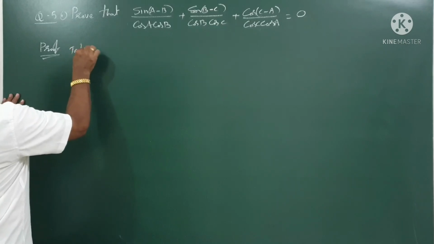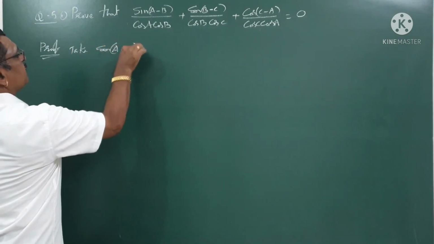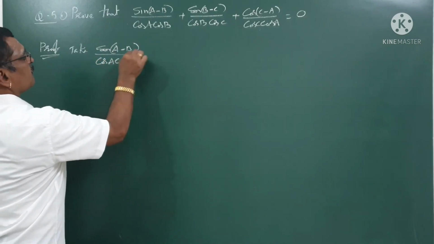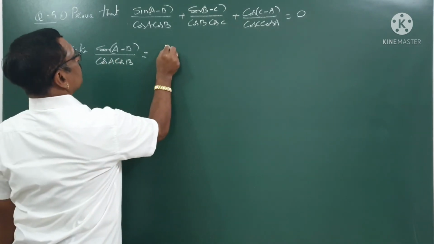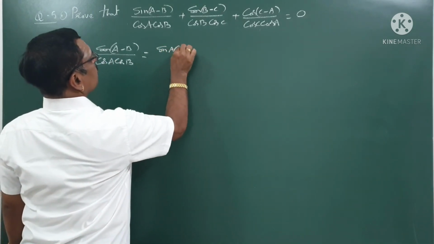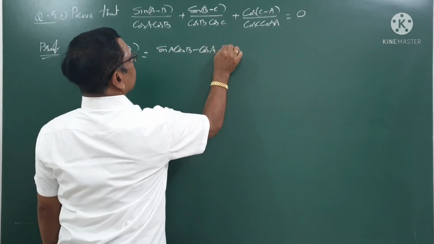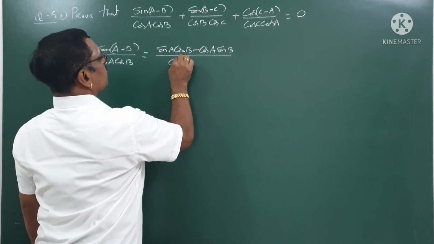Take first one, sin of a minus b by cos a cos b. I will do slowly. Sin of a minus b formula, you have sin a cos b minus cos a sin b over cos a cos b.